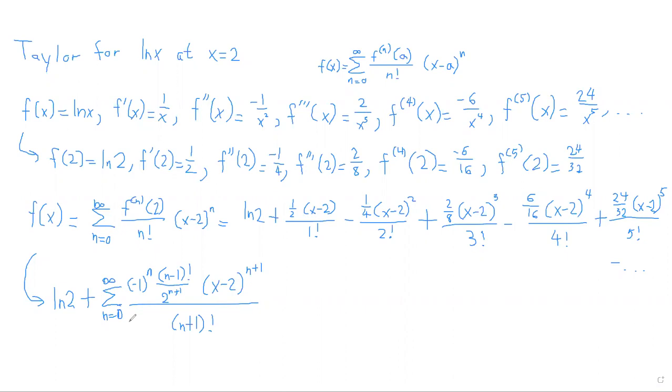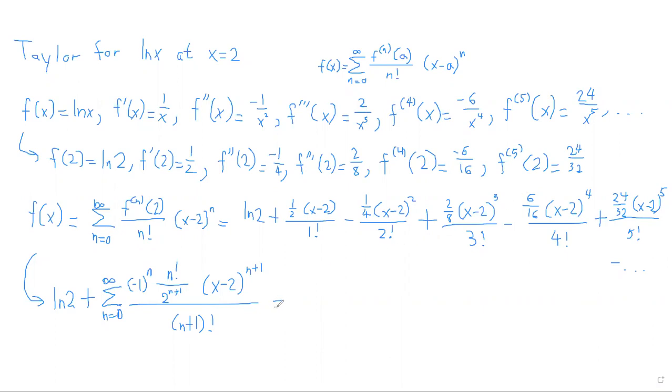Let's see. So n is 0. How about n factorial? Seems like n factorial is the better answer. Yeah, sorry. Okay, n factorial: 0 factorial is 1, 1 factorial is 1, 2 factorial is 2. All right, it seems like that works.